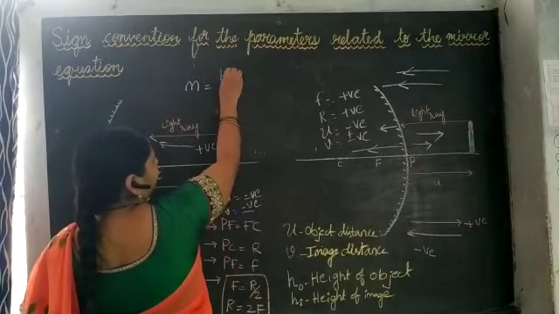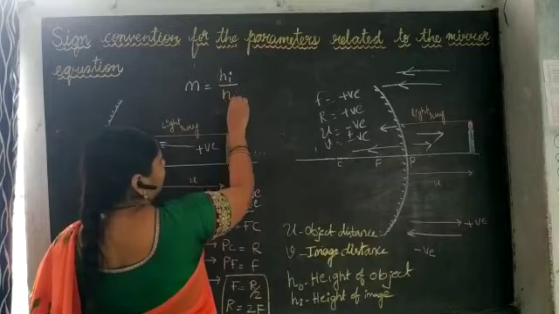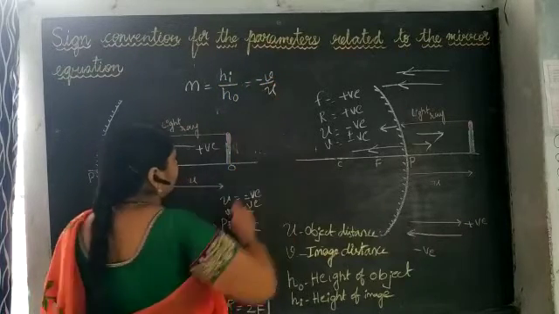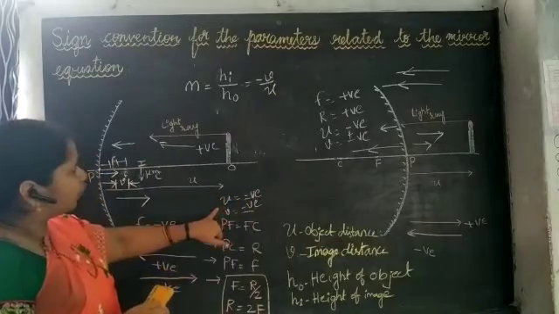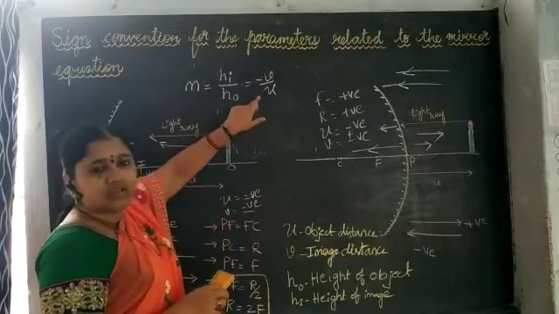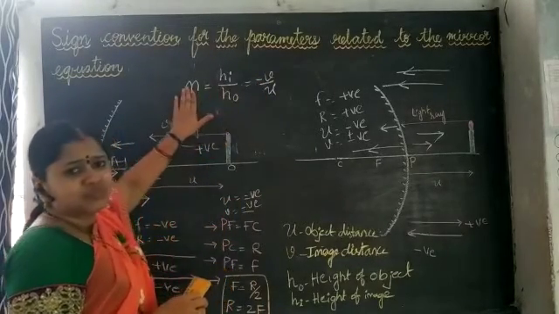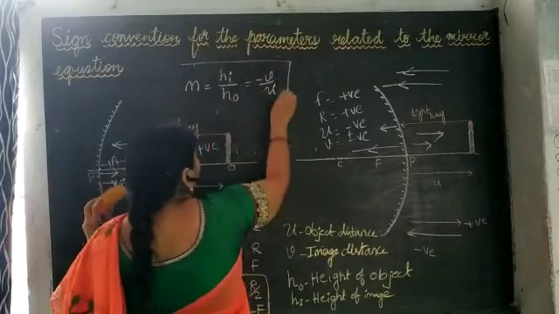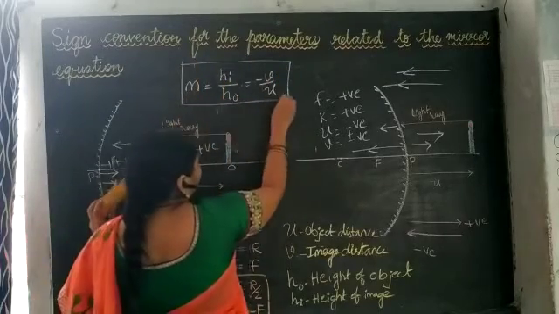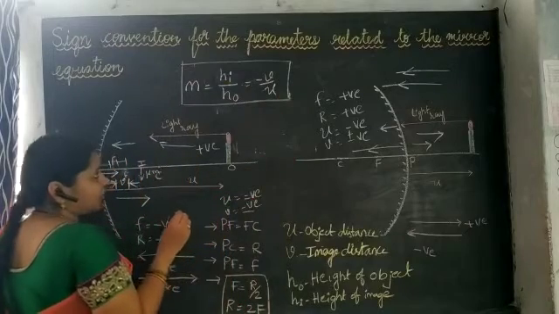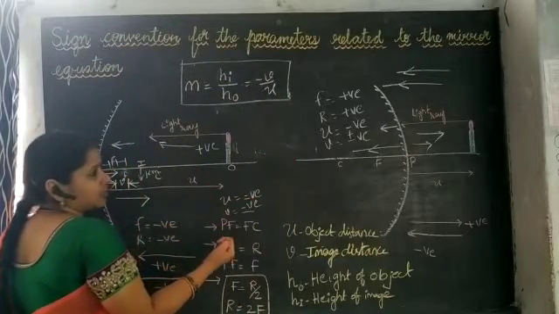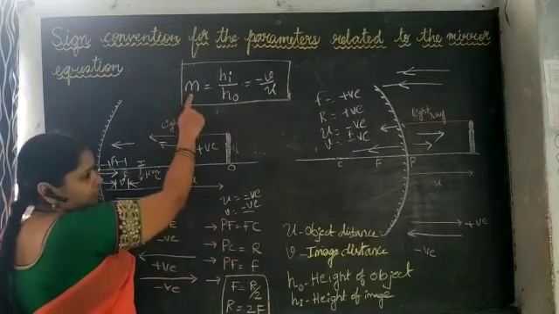The ratio of height of image by height of object, or minus V by U. If you know these values, V value and U value, if you substitute these values in this formula, then we'll get a value. This ratio of height of image to height of object is known as magnification, or the negative ratio of image distance by object distance is also known as magnification.